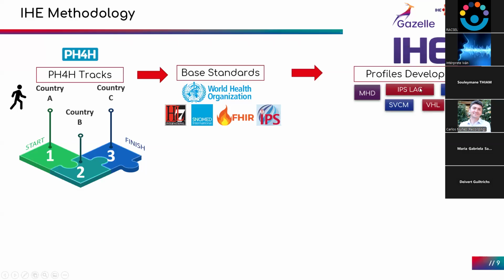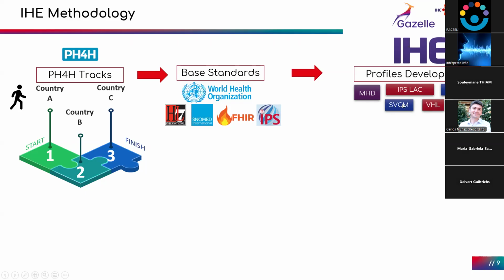IPS LAC is a profile created from the International Patient Summary, IPS, standard. We also have IPS ICVP that is similar to IPS LAC, but the only difference is IPS ICVP just has one resource, the immunization resource. It focuses on vaccination, polio and yellow fever.